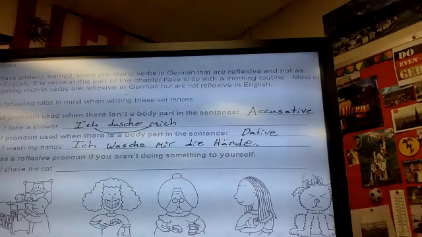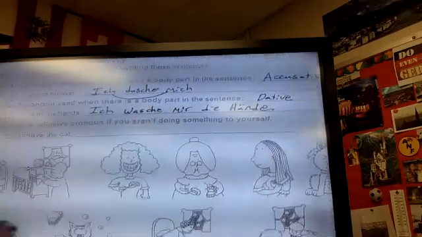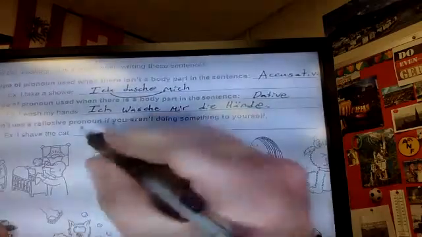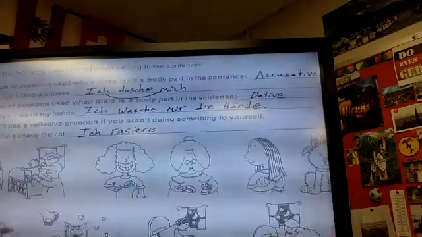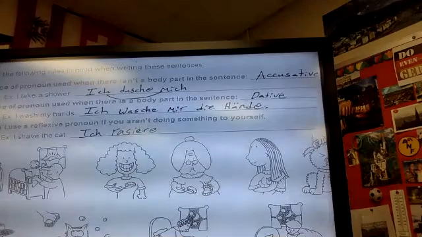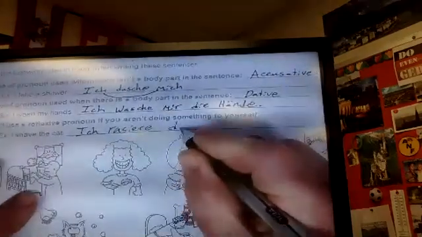Okay? But we can use these reflexive verbs in a non-reflexive way, like I shaved the cat. Ich rasiere. I'm not going to say mich. I'm not going to say mir. It's just ich rasiere die Katze.